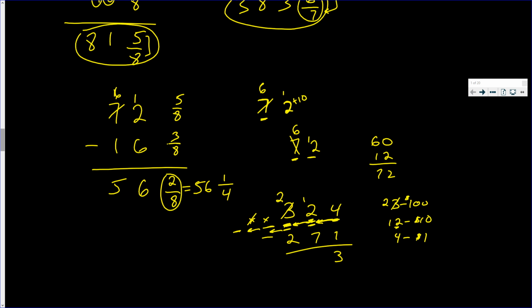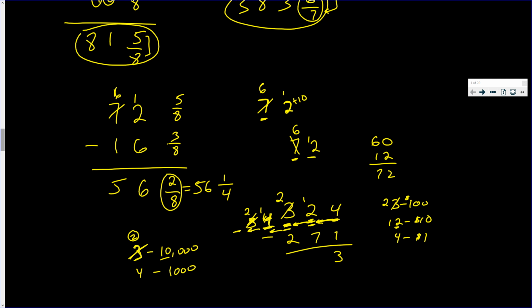So if you borrowed 1, if this was 3 and this was 4, if you borrowed 1, you only have 2 of those, whether they're 10,000s or millions, and when you put them at the place immediately to the right, you're going to have 10 more of those. If you have 3 10,000s and you have 4 thousands and you borrow, you go to the bank, make believe there's a $10,000 bill, and you have 3 of them, but you surrender 1 of the $10,000 bills.